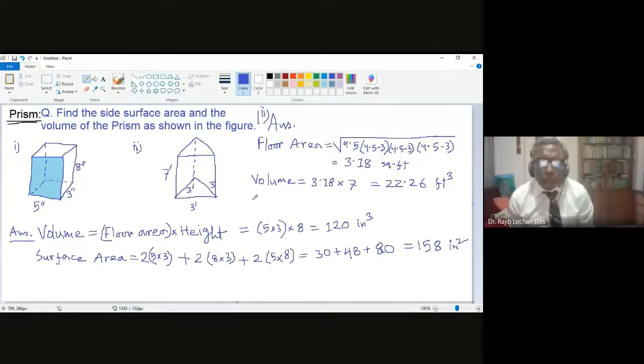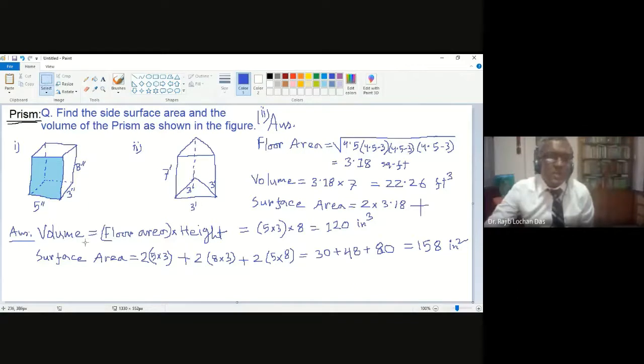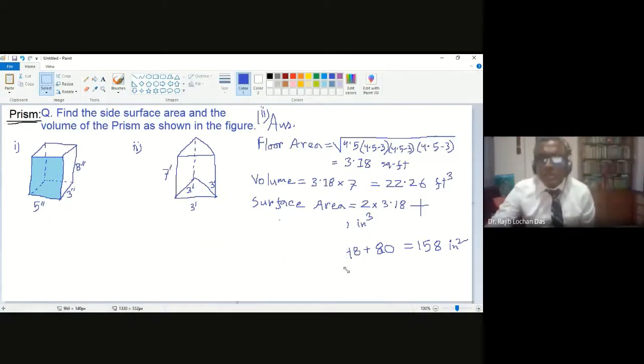And what is the surface area? Surface area will be, how many surfaces you have. Okay, one in the top, one in the bottom. So 2 into 3.18. This is the top and bottom. And how many surface you have by side? How many side? 3 side.